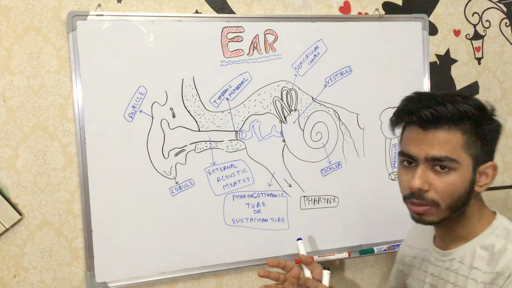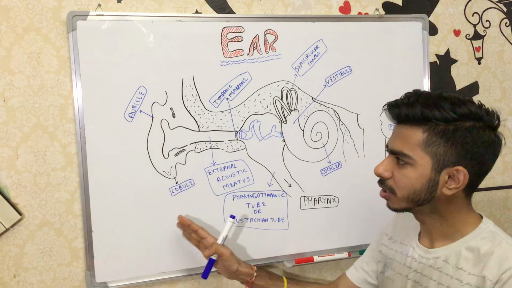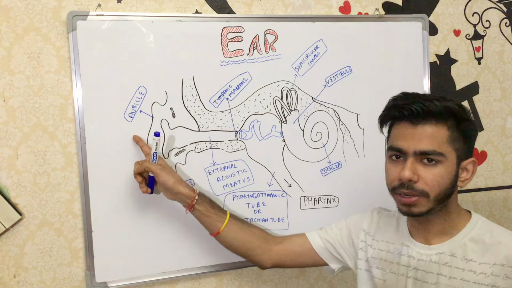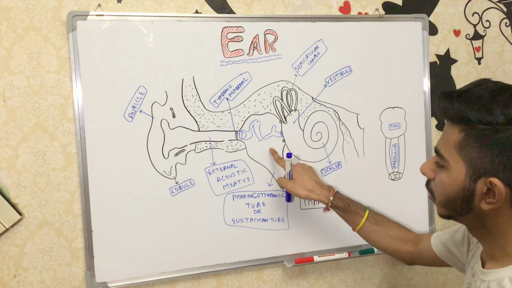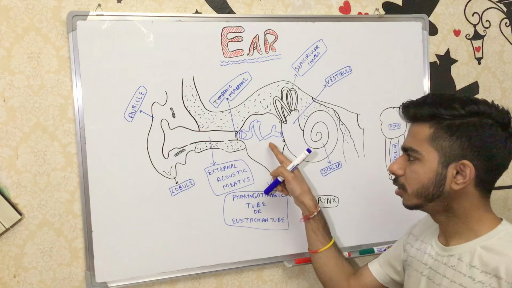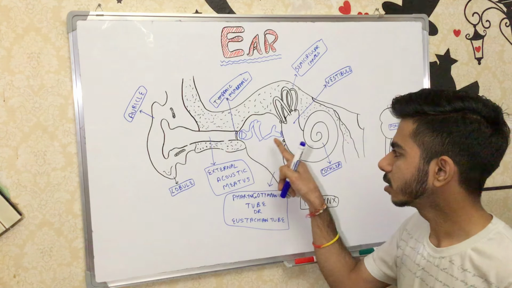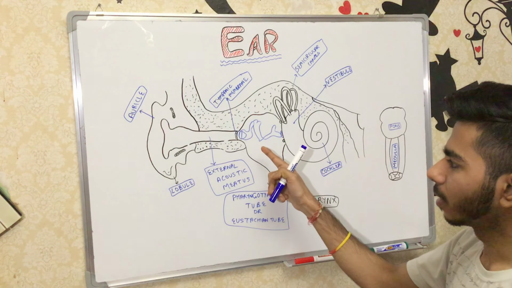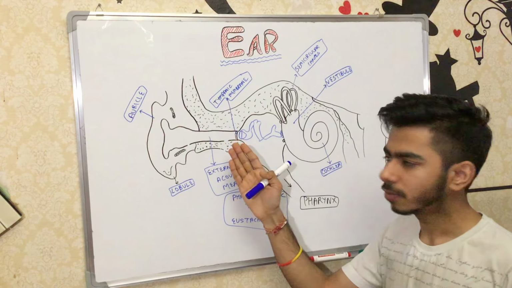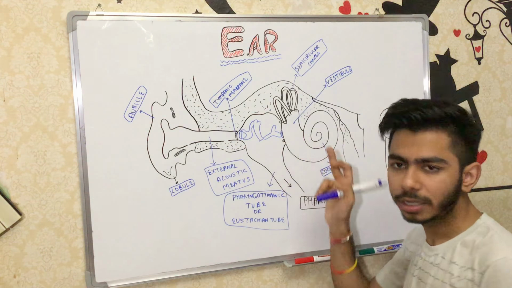External ear, so the main structures which you must remember as far as the ear is concerned. In the external ear, you must remember the auricle or pinna and the external acoustic meatus or external auditory meatus. In the middle ear, you must know about the auditory ossicles, which are made up of three bones: malleus, incus, and stapes. Malleus connects the external ear with the middle ear, and stapes connects the middle ear with the inner ear.